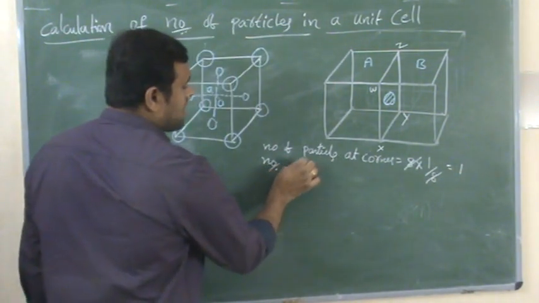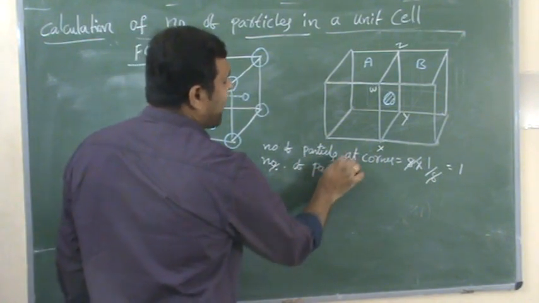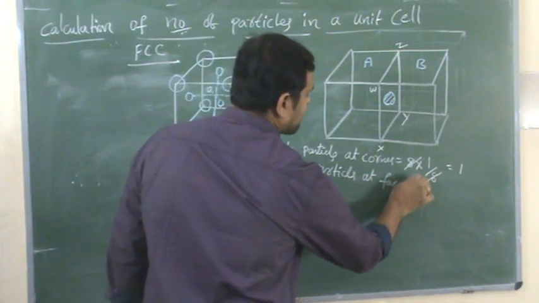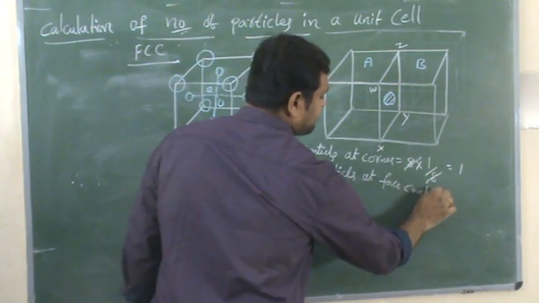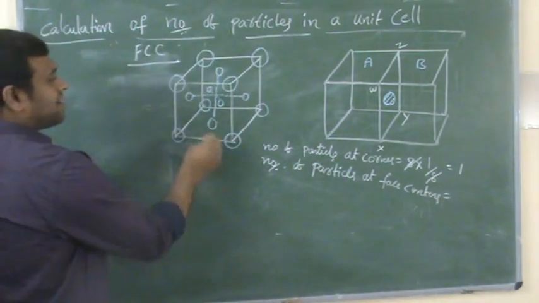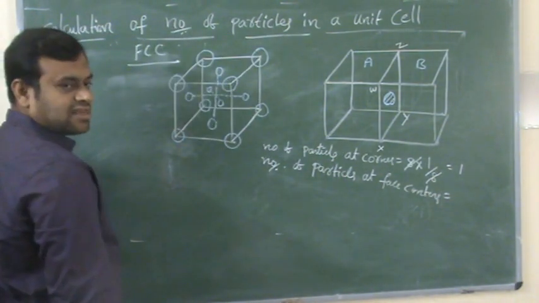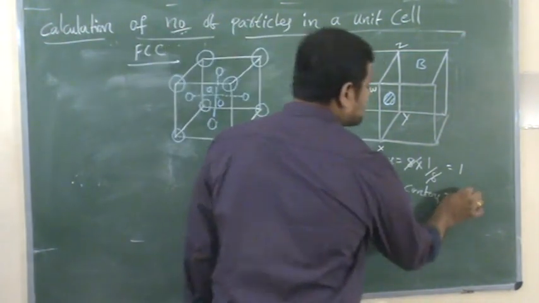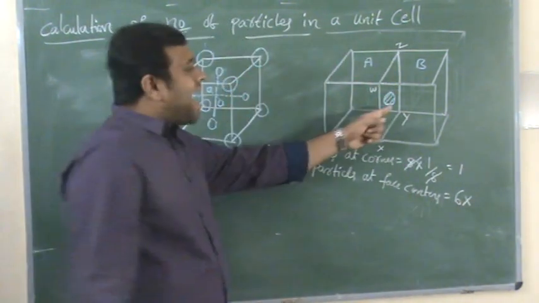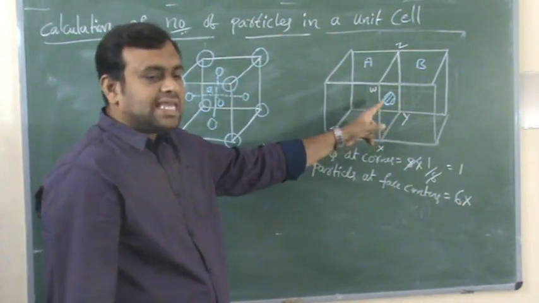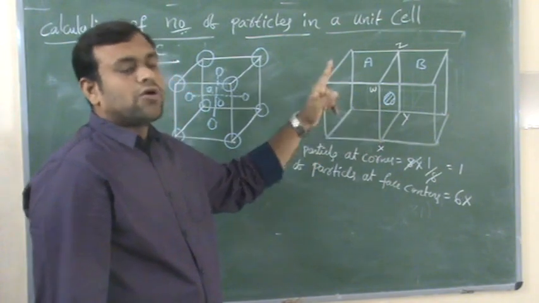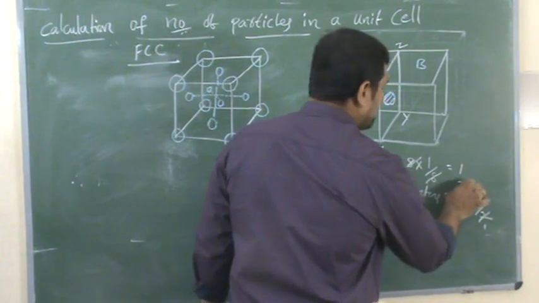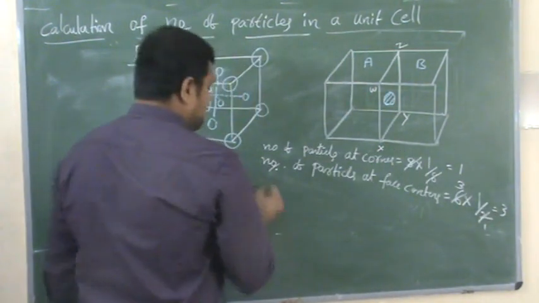Next, number of particles at face centers. You observe here, how many faces are there? 6 faces. 6 faces have 6 face centers. That is 6 into, I already told you the contribution of each face centered particle, it is 1 by 2. 2 and 2, 3, so that is equal to 3.